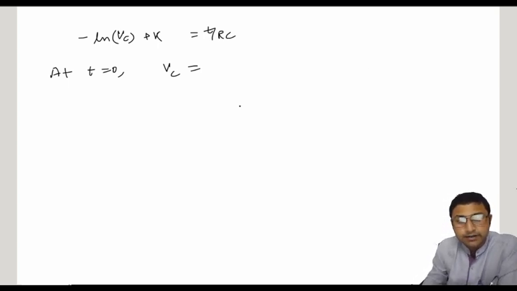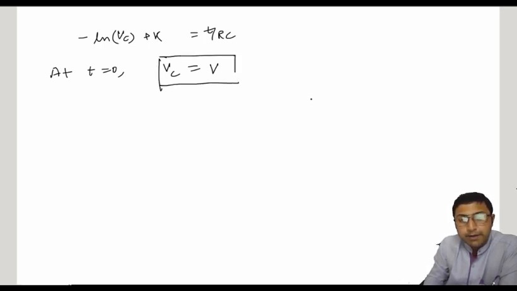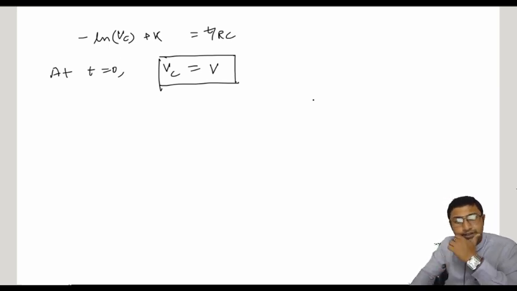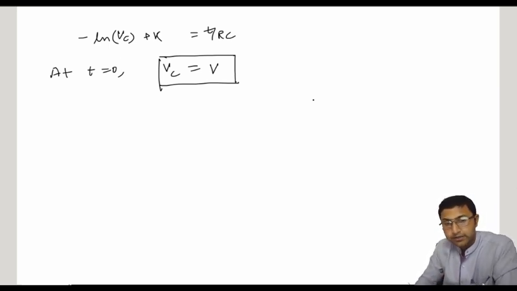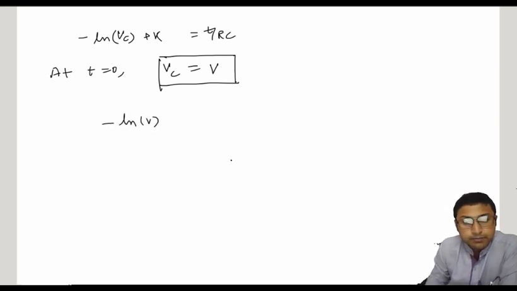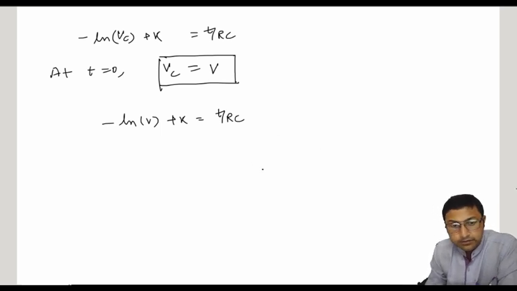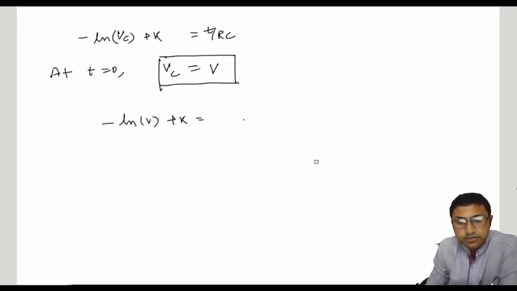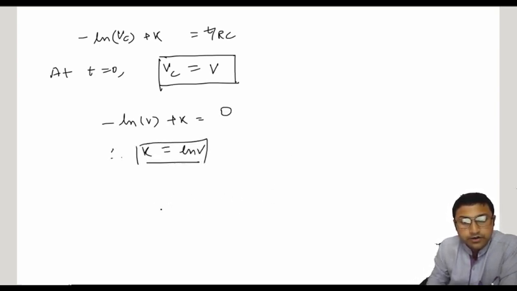That means Vc starts from the supply voltage V. At t equal to 0 it is about to discharge, but before that it starts from the supply voltage V. So Vc equal to V. Putting the value, minus ln V plus k equal to t by RC, which is equal to 0 basically. So k equal to ln V.